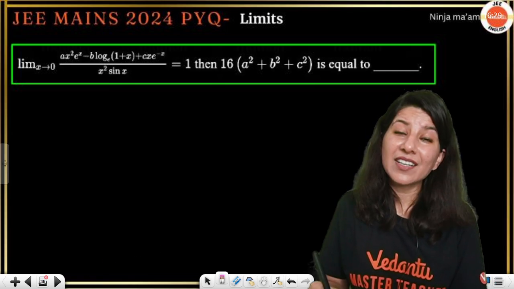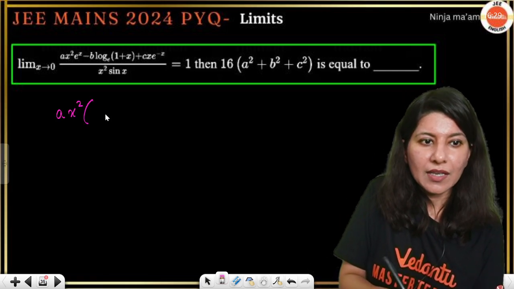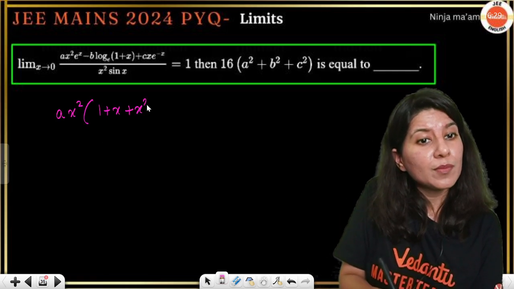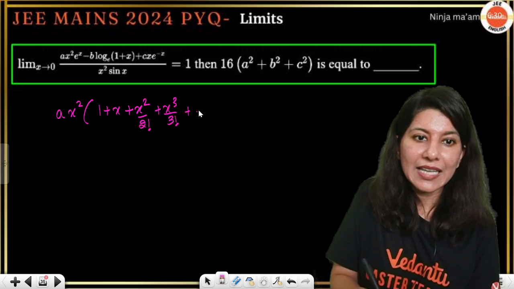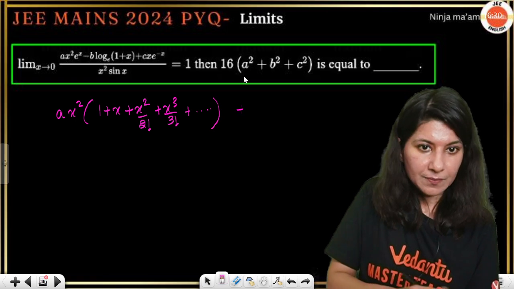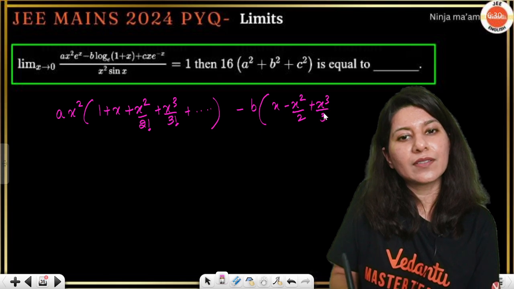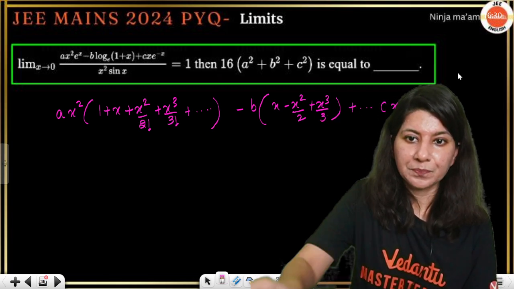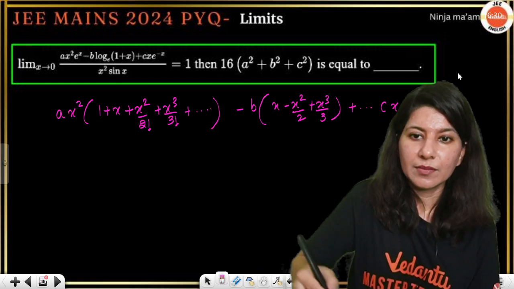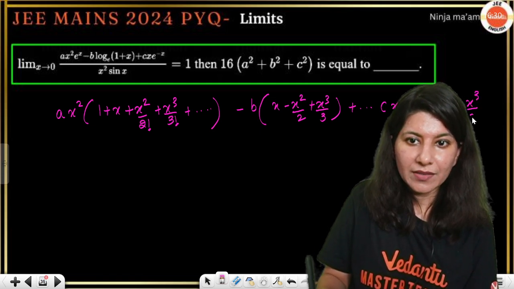So here we again have the reverse type question. So we will use the expansion of e raised to power x, which we all must know. In this question, we just have to go till x cube. So limit of a x square e raised to power x expansion, minus b times log 1 plus x, which is x minus x square by 2 plus x cube by 3, plus c x e raised to power minus x, which is 1 minus x plus x square by 2 minus x cube by 3 factorial.